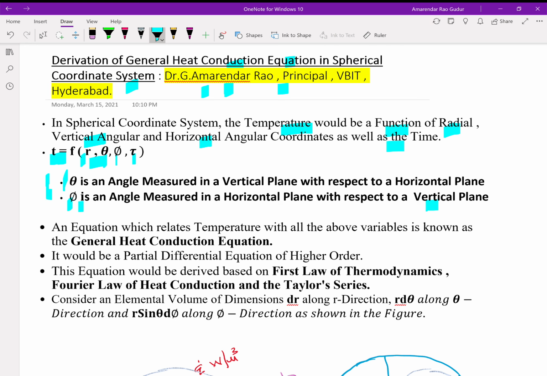Analogy of theta and phi are latitude and longitude of a place on the surface of the earth. Latitude indicates the height with respect to the equator, and longitude indicates the depth with respect to the Greenwich meridian. So the same concept we are going to have in this particular discussion.